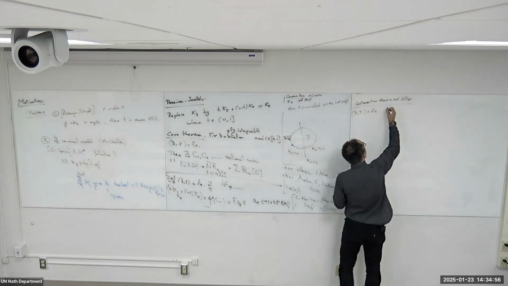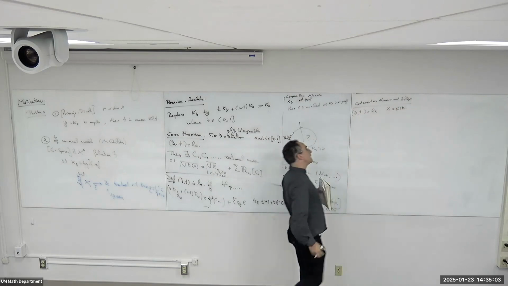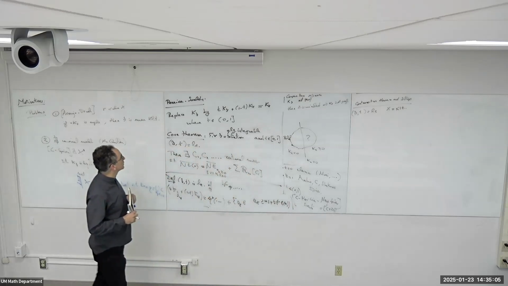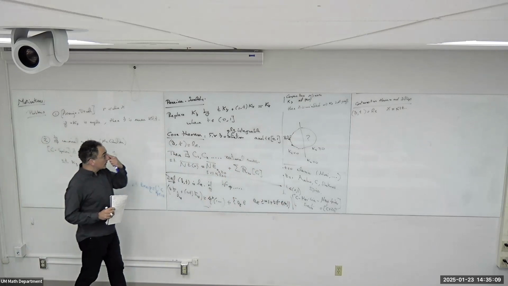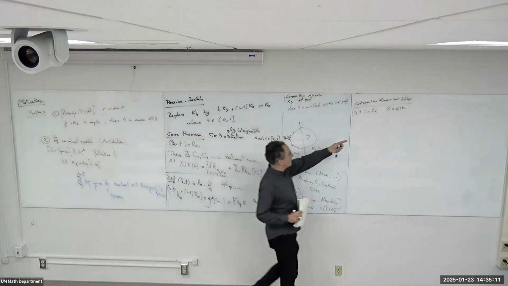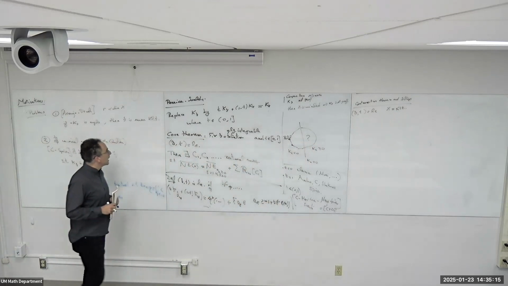And now here I need to assume that X is QLT, or at least potentially QLT, but since I'm assuming it's cofactorial, it makes no difference. So let me say QLT. Unfortunately, this is not very good, but that's what we can do. The good news is that being QLT is preserved by MMP. So in other words, if you run MMP, you start with something QLT, it continues to be QLT. So that's not a problem.